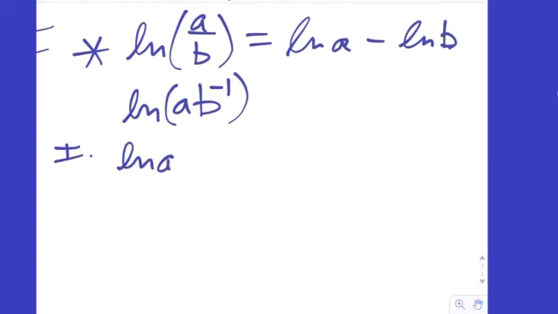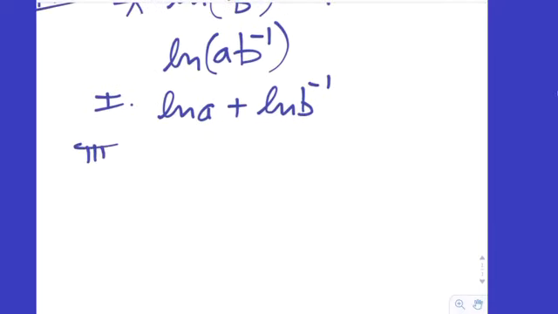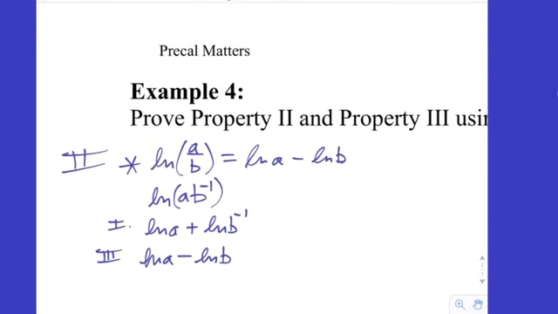That becomes the natural log of A plus the natural log of B to the negative first. And now I can use property 3 on the second term. That becomes the natural log of A. And where can that negative 1 slide? To the front, making it minus natural log of B. And if you notice, the left side now looks like the right side.